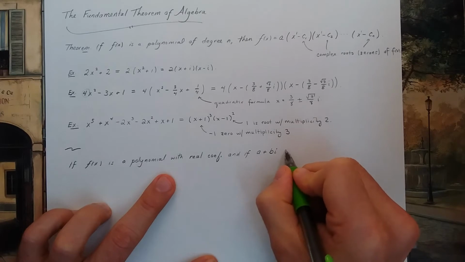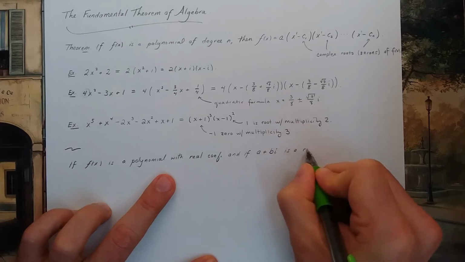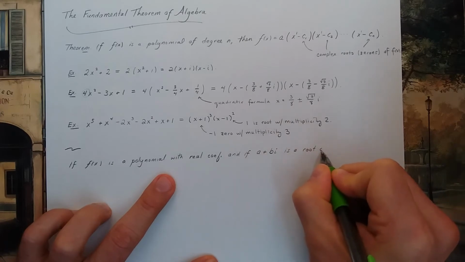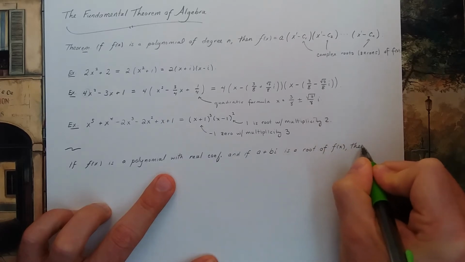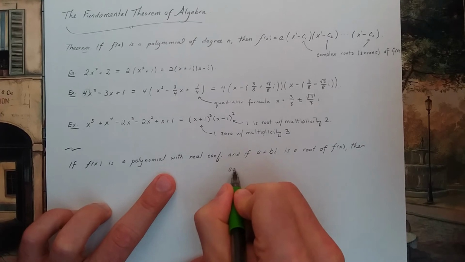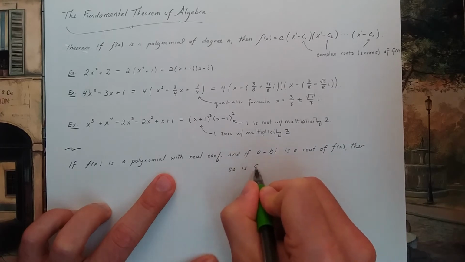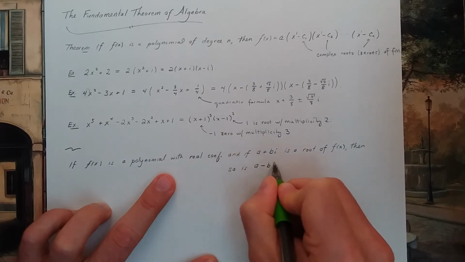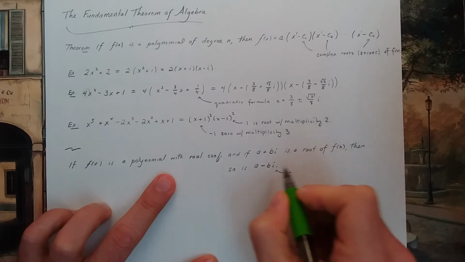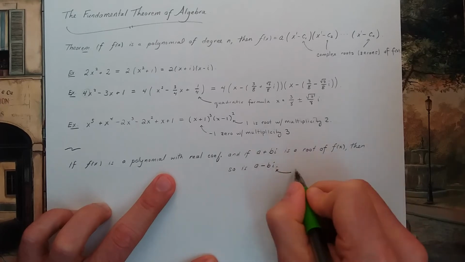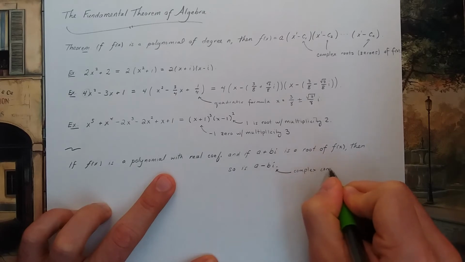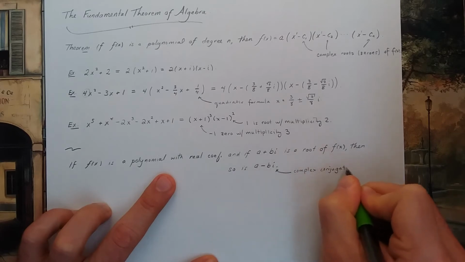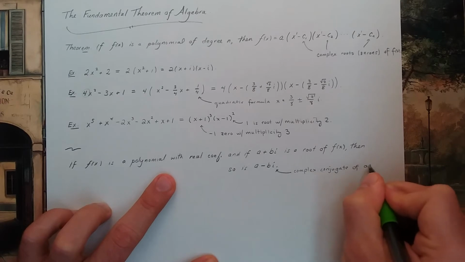So if this is a root or zero of f of x, then so is the complex conjugate a minus bi. So recall the terminology. This is the complex conjugate of a plus bi.